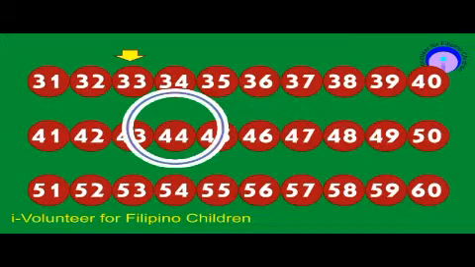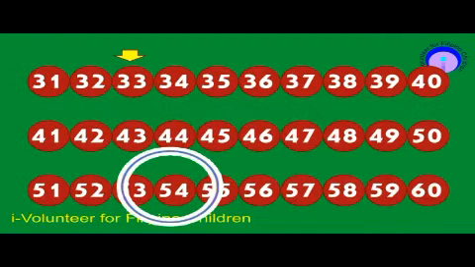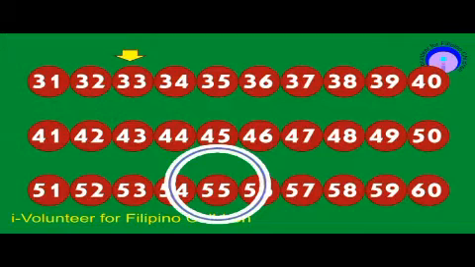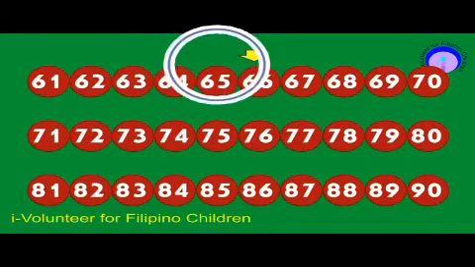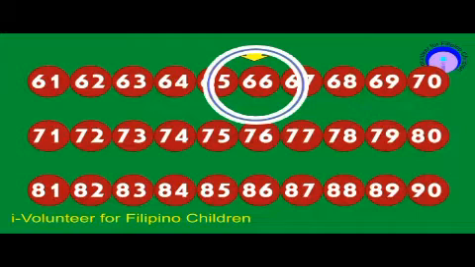Let's proceed. 44 plus 10 is equal to 54. Plus 1 is equal to 55. Let's continue. 55 plus 10 is equal to 65. Plus 1 is equal to what number? You are correct. It's 66.